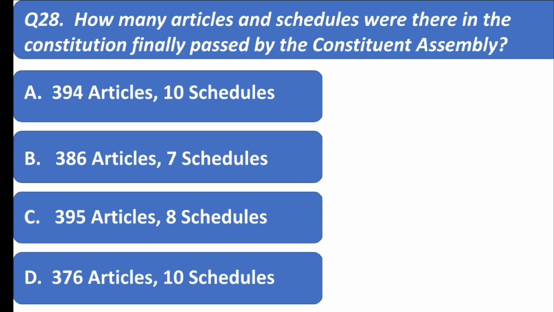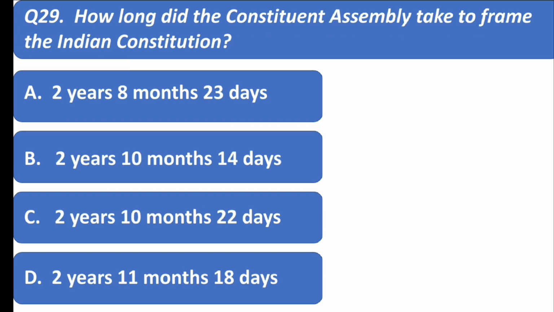How many articles and schedules were there in the Constitution finally passed by the Constituent Assembly? Answer is option C. 395 articles and 8 schedules. How long did the Constituent Assembly take to frame the Indian Constitution?